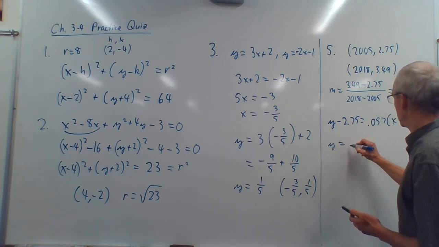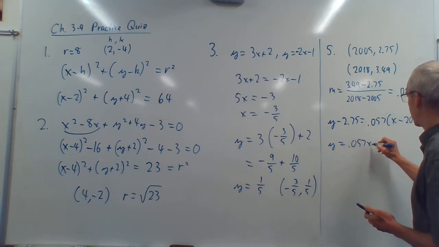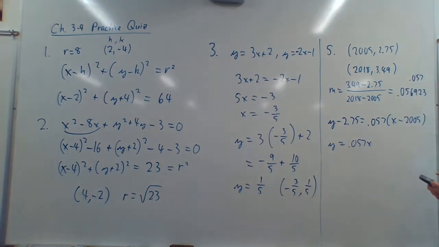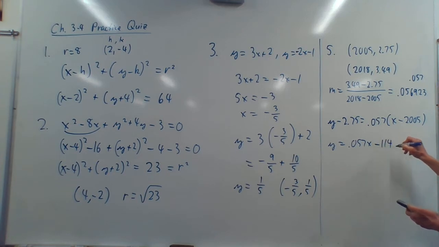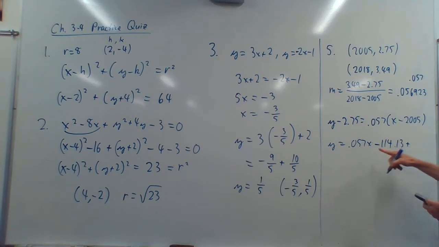Y is equal to 0.057x. 0.057 times 2005 is equal to 114.13. Minus 114.13 plus this, plus 2.75. So add those together.